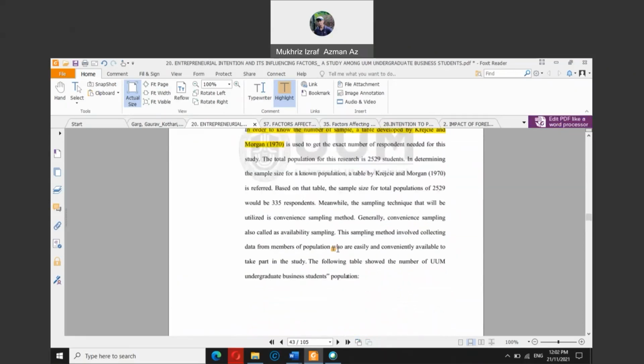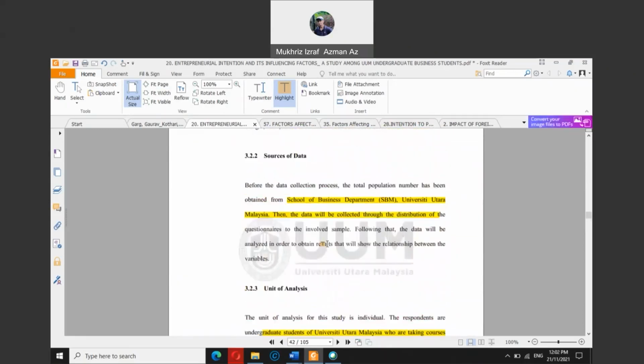But as far as source of data is concerned, you just need to mention what is the population of your study. If you're focusing on SAB, you need to bear in mind that under SAB we have different departments, meaning that we have economics, agribusiness, finance, and banking.